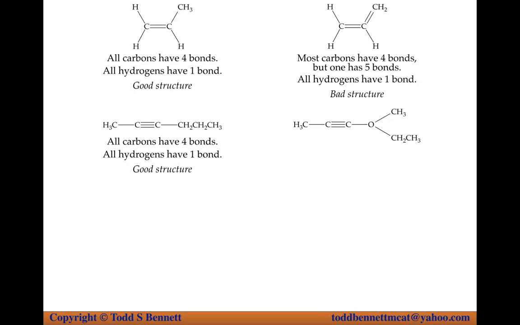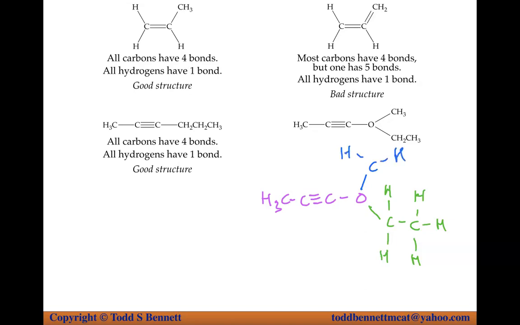So drawing this out, it would look like H3C, C triple bond C, O, connected to a CH2, CH3, and then at the other point up here, carbon with a bond to O and 3 bonds to H. So carbons are fine, all making 4 bonds.